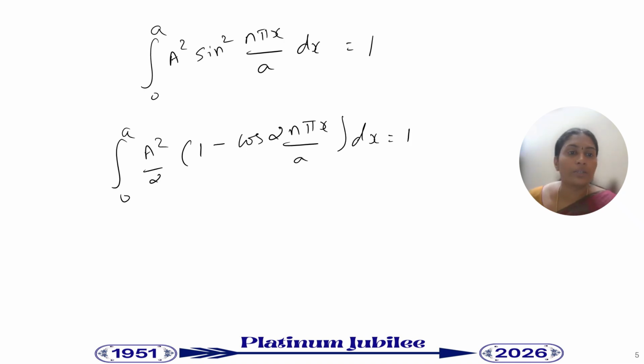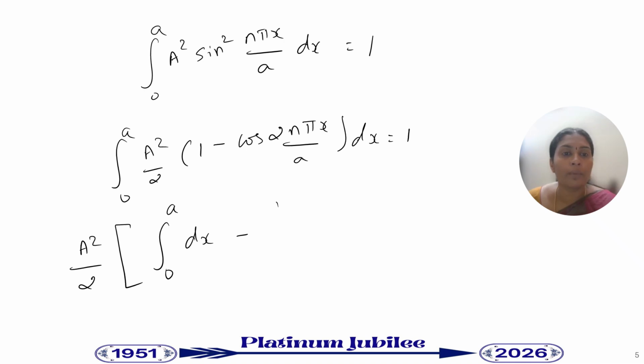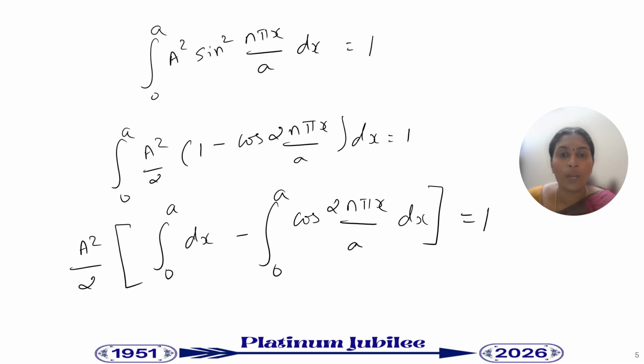So this integration can be written as, I can take A square by 2 as common, then integral 0 to a of dx minus integral 0 to a of cos 2 n pi x by a into dx, and that is equal to 1.